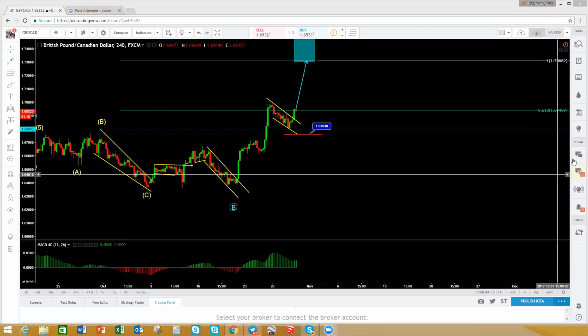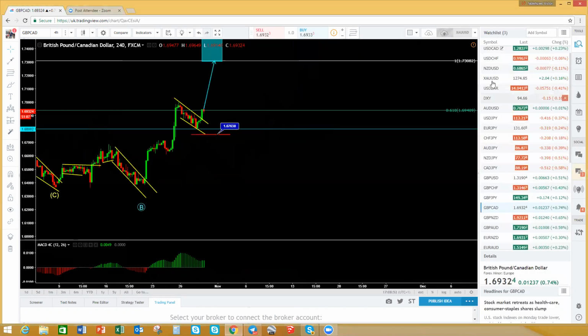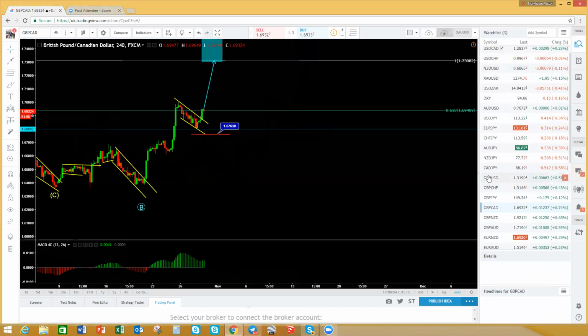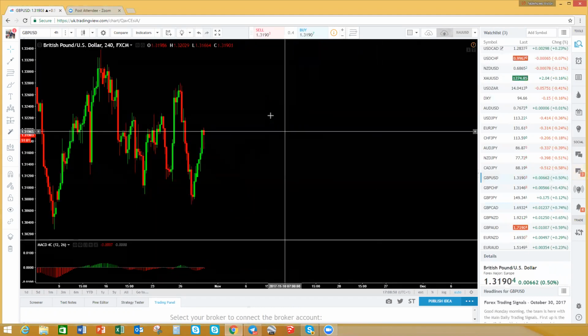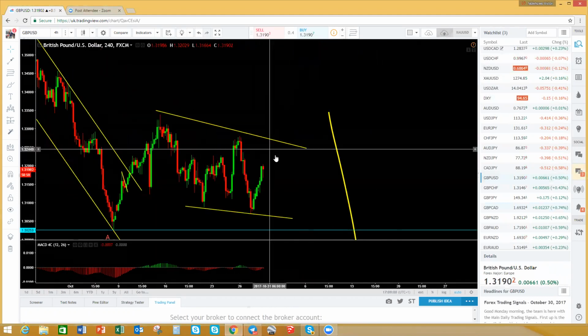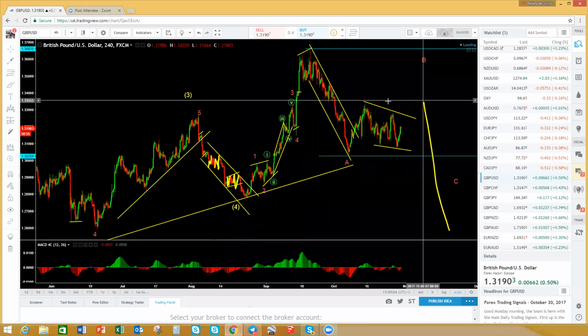Right, that's pound CAD. Next one will be pound US dollar and pound Swiss. Let's do pound US dollar. Pound US dollar. It's a little bit tricky, this one.